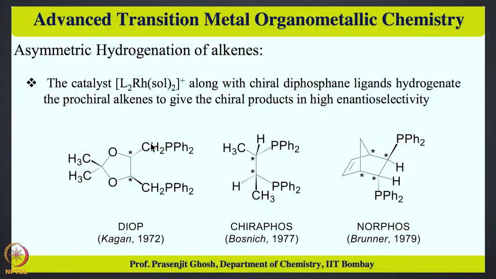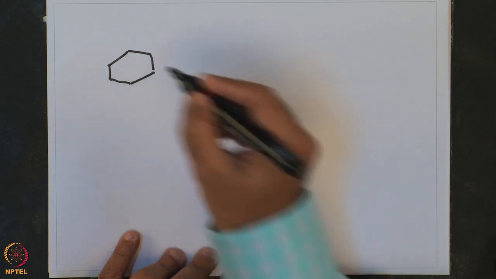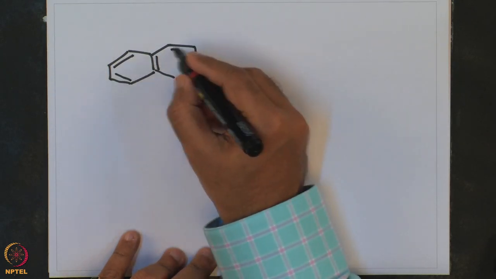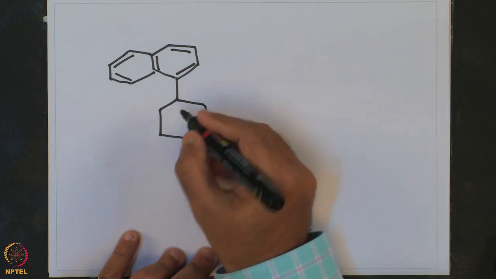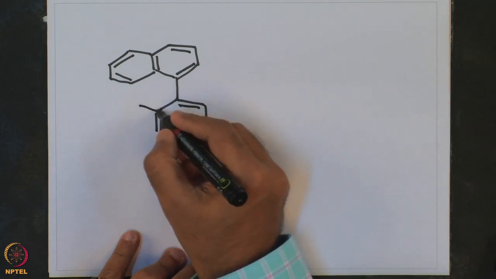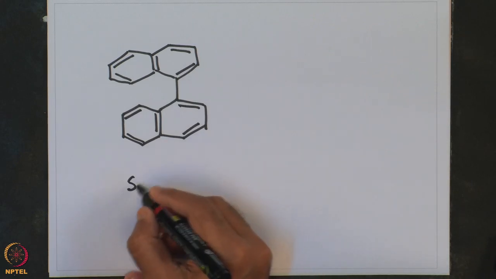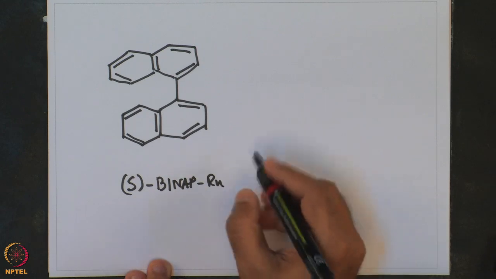So, now look at the one that was reported by Noyori, or popularly known as the Noyori catalyst, and this is developed in and around BINAP, and the catalyst is given as S-BINAP ruthenium diacetate.